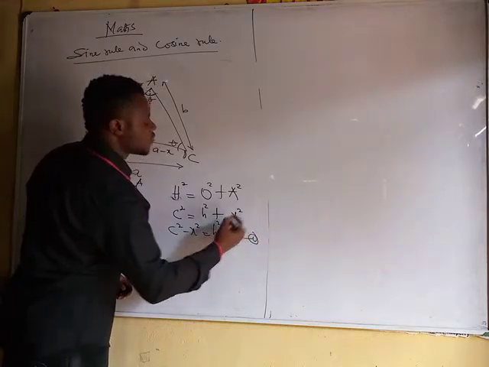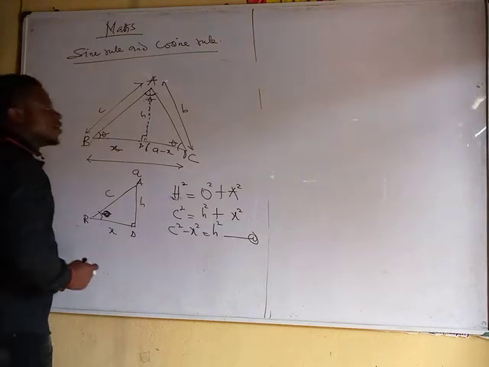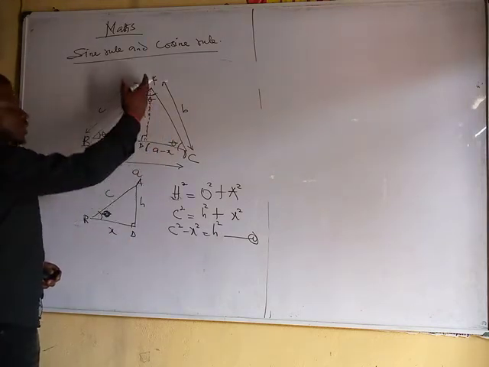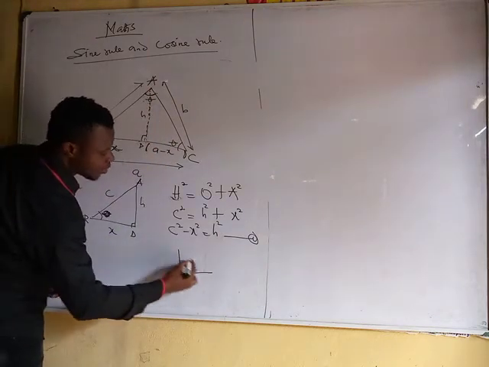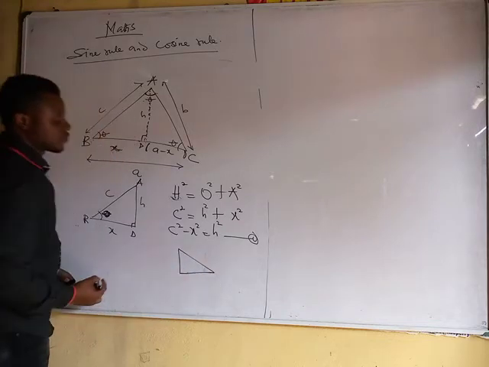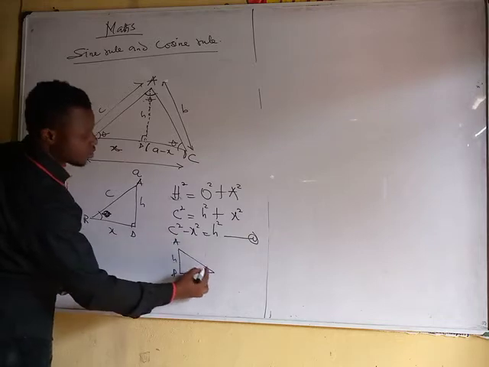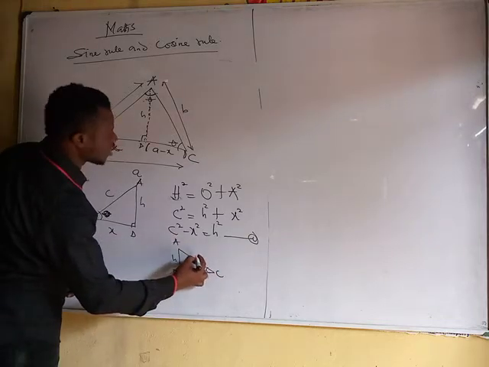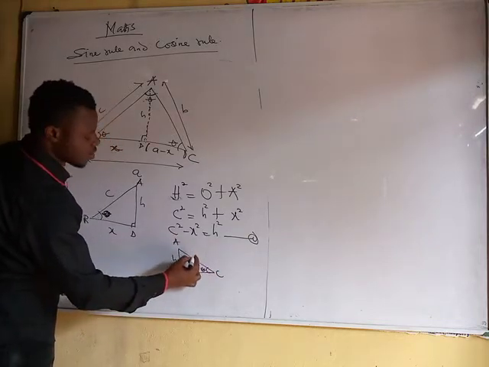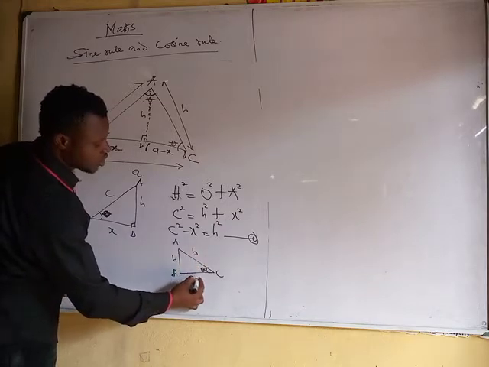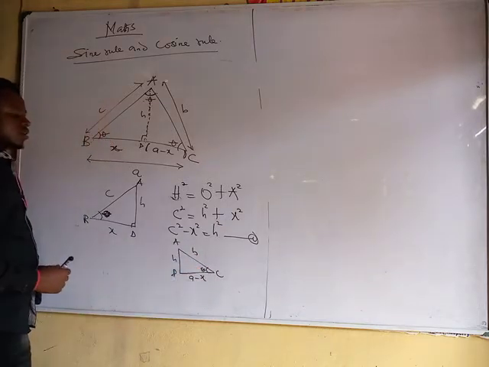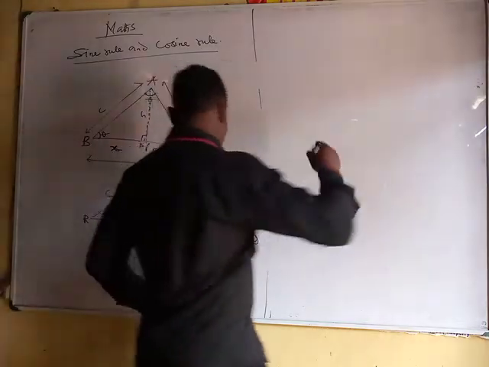Call this one equation 1 for me. In equation 2, let us look at the other side of the triangle. I have this. Here is our D, here is h, a, c, theta. Here is b, and here is a minus x.